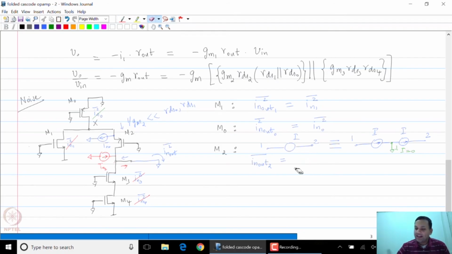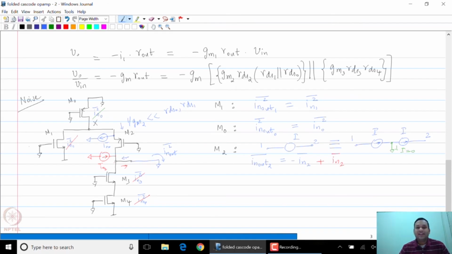and so maybe I can just use directly IN out 2 is going to be equal to minus IN2 plus IN2. These are the directions of the two current sources in blue and red.